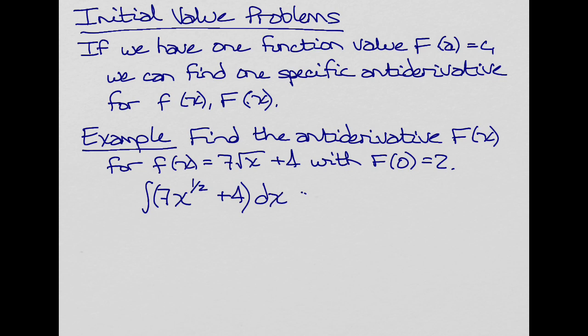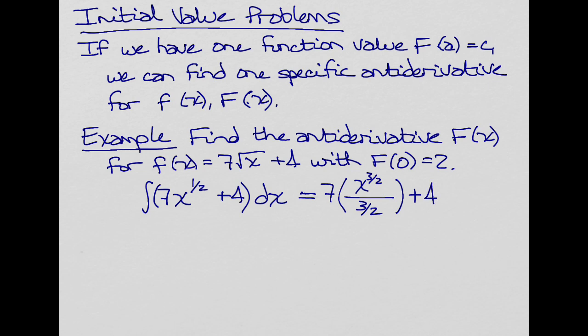Well, we can find an antiderivative for the first part and the second part separately and add them together. And the constant is just a constant. It's just out there. So I got 7 times x to the 1/2 plus 1, which is x to the 3/2, over 1/2 plus 1. Yes, we are going to fix that in a minute. Plus 4, you think of this as 4 times x to the 0.